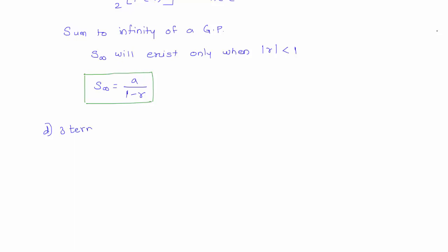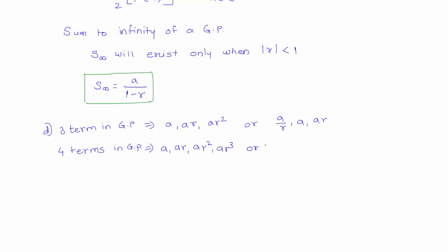Three terms are in GP. If you want to assume three terms in GP, let me tell you two options. You may assume them as A, AR, AR square, or a simplified version, you may assume them as A by R, A, AR. If four terms are in geometric progression, we may assume them as A, AR, AR square, AR cube, or A by R cube, A by R, AR, and AR cube.